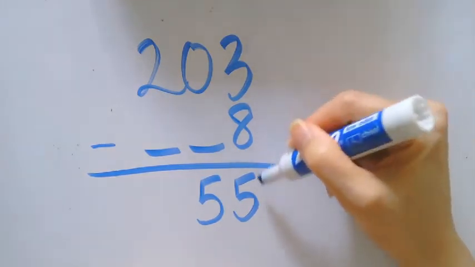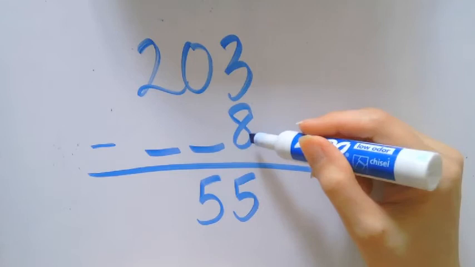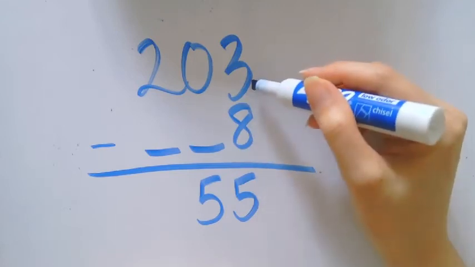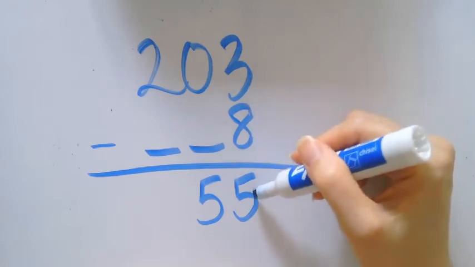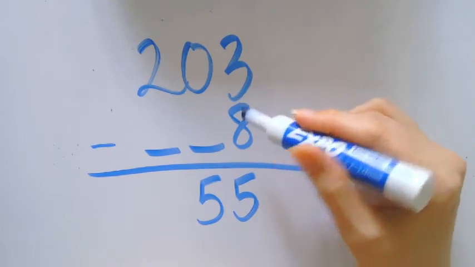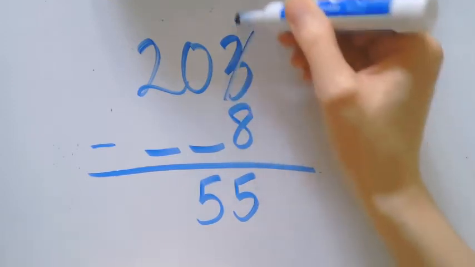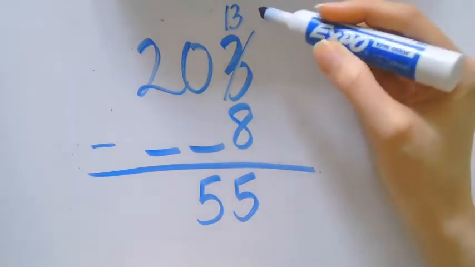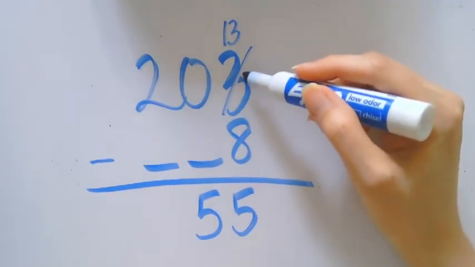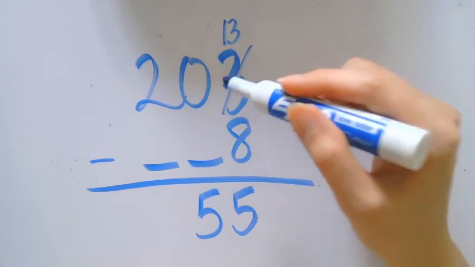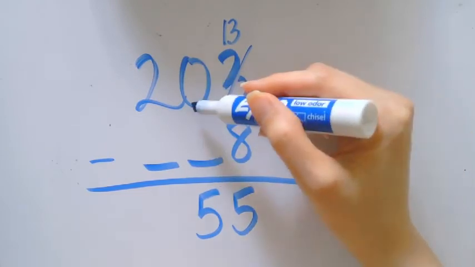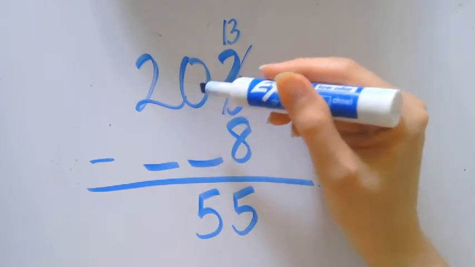So I know that 5 plus 8 is going to have to give me 13. So right now I'm seeing it as 5 plus 8 is 3, and that's not true. So I need to make sure this is a 13. But I can't just write the number 13 out of nowhere. This happens when I go next door to borrow. But if you take a look, I can't borrow from 0.